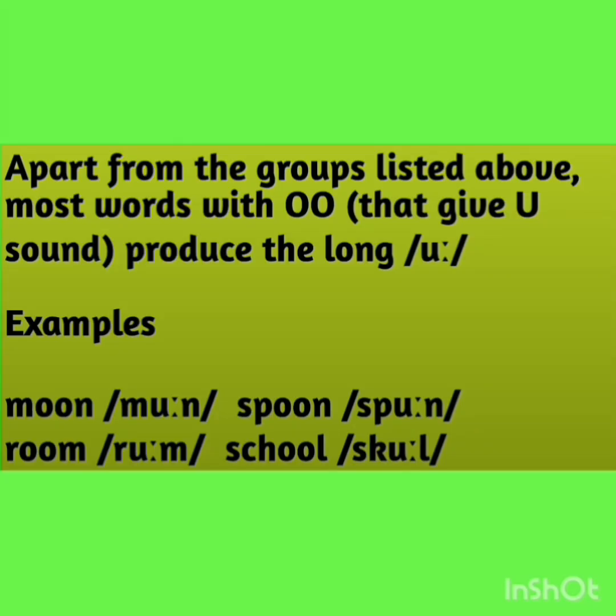Once it is not an OOK word, not an OOD word, and not one of the three words we mentioned, it usually gives long U. With this, you should be able to identify and choose the correct answer anytime you come across any question related to the digraph OO.